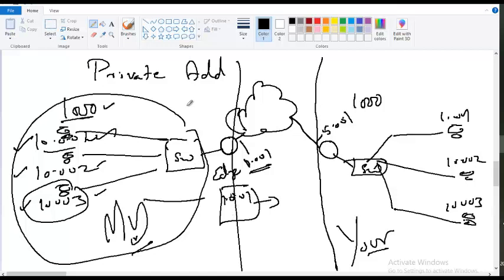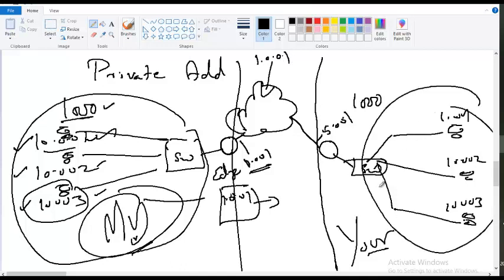So all my traffic in the internet will be seen as if it is coming from one particular IP, 5.0.0.1. All your traffic is coming out, according to the internet, from 5.0.0.1.